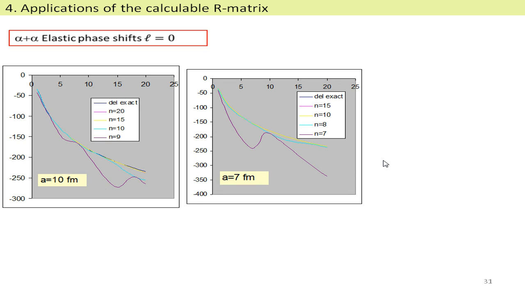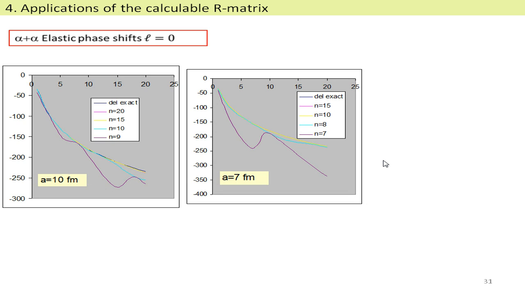So you see here the 7 Fermis. And again, you see here that 15 basis functions is perfect. And you see that with 10 functions, you perfectly reproduce the exact calculations, while here with 10 functions, you have significant differences.